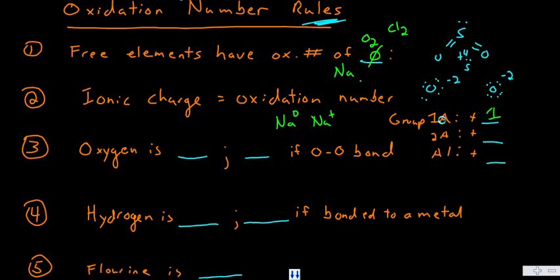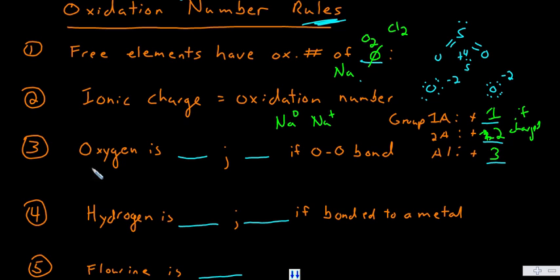Group 1A elements, like sodium or potassium or lithium, have an oxidation number of +1 if they have a charge. Group 2A elements have a charge of +2. And only in group 3, the only one that's fairly consistent is aluminum. It's +3 if it's charged. Next, oxygen.